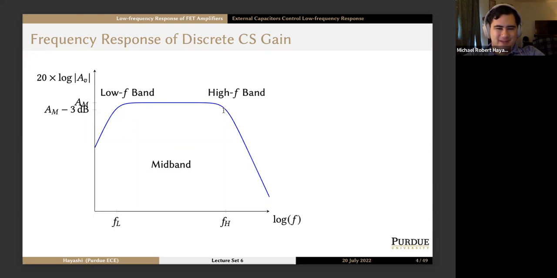Similarly, at the high frequency band, we get this behavior of roll off of gain with increasing frequency. And I said, if we had a directly coupled amplifier instead of a capacitively coupled amplifier, this midband would just extend as a line all the way towards 0. It would just stay flat forever.